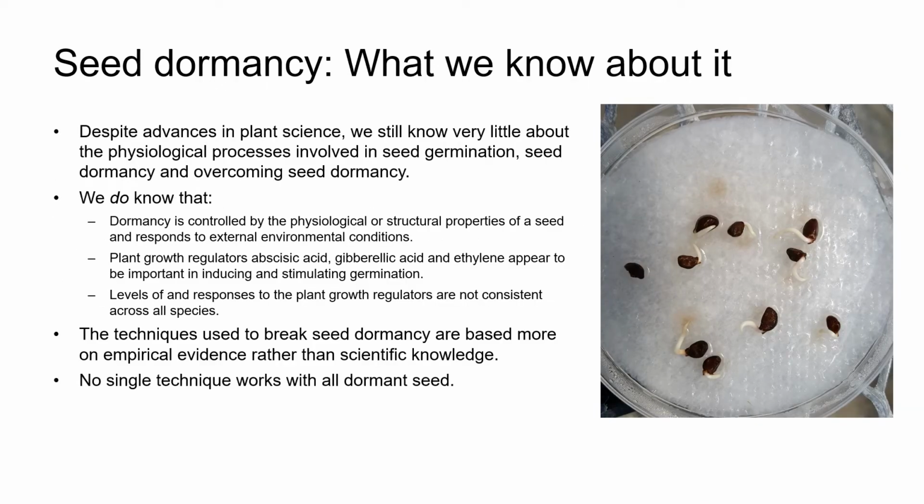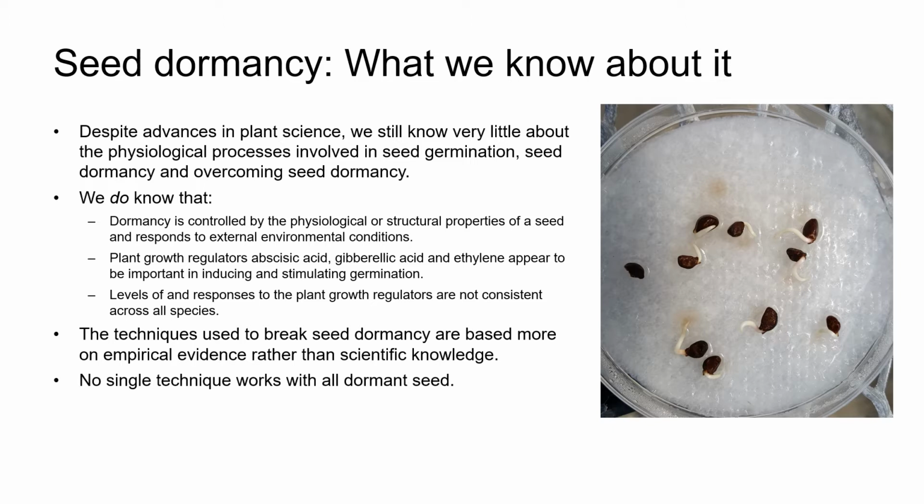Despite advances in plant science, we still know very little about the physiological processes involved in seed germination, seed dormancy, and overcoming seed dormancy. We do know that dormancy is controlled by the physiological or structural properties of a seed, and that it also responds to external environmental conditions.